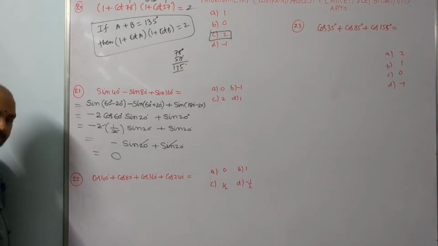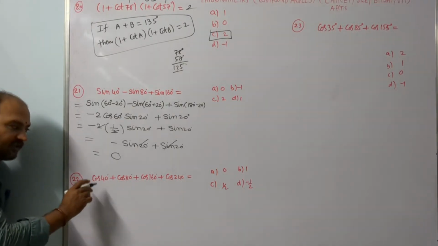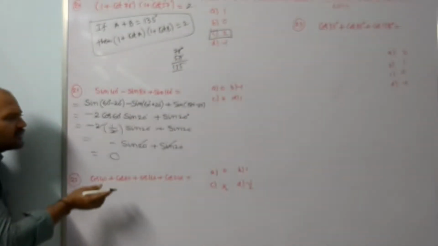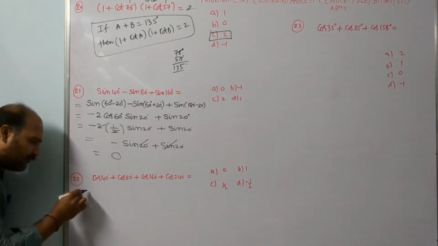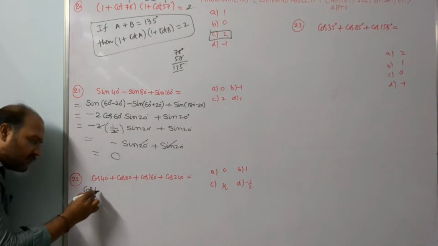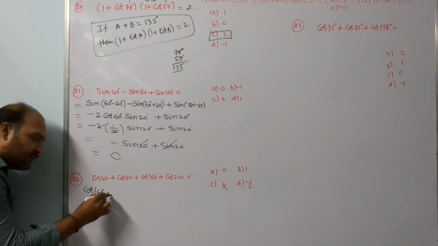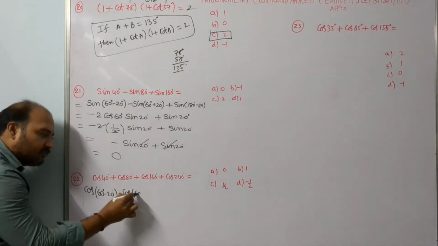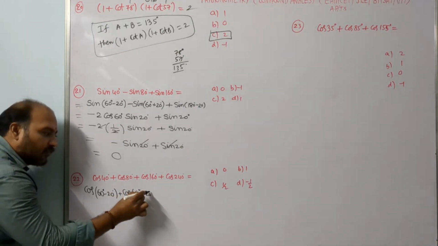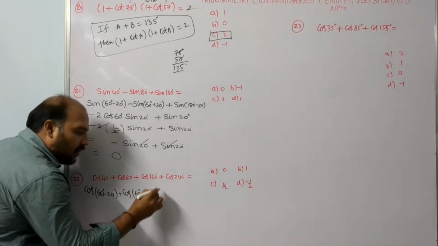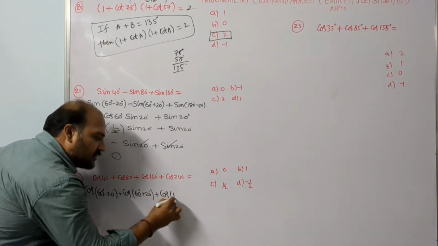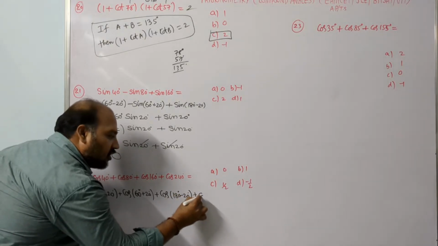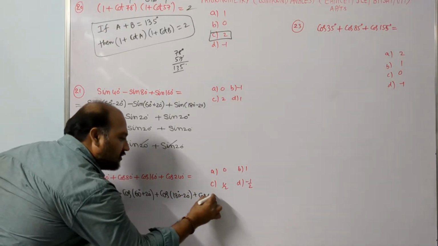Come to another question: cos 40, cos 80, cos 160, cos 240. See here also, the same application I am going to do. Cos of 60 minus 20 plus cos of 60 plus 20. Here, cos of 180 minus 20 plus cos of 180 plus 60.